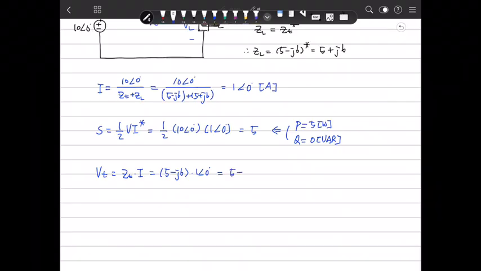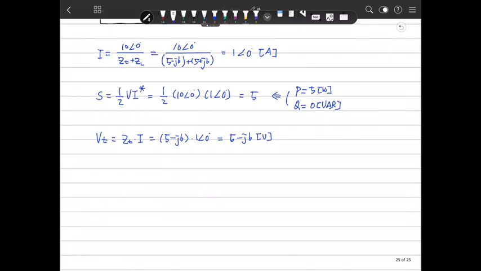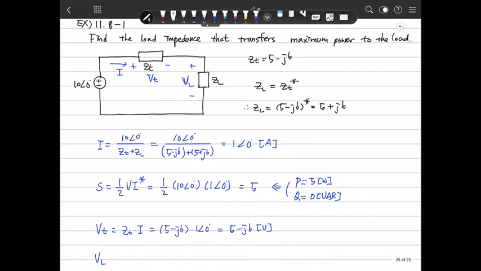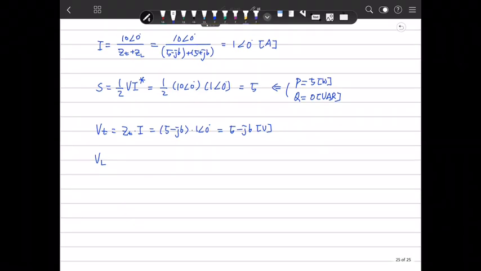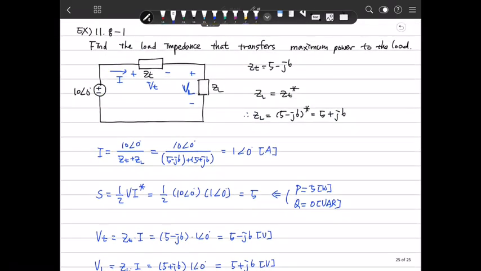Therefore 5 minus j6 volt is VT. And VL is the load voltage, ZL times I, where ZL is 5 plus j6 and I is 1 at 0 degrees. Therefore 5 plus j6 volt is VL.